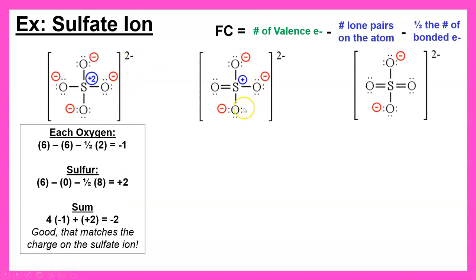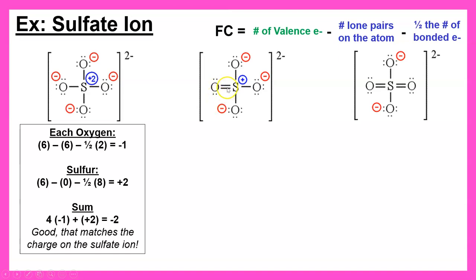Let's look at this one. Do you notice how 3 of the oxygens will have a -1 charge? Just like over here. But this one, something's different about this one. This has a double bond. So let's think about how the electrons would work here. Oxygen should have 6 valence electrons. There are 4 here from the lone pairs. 6 minus 4.